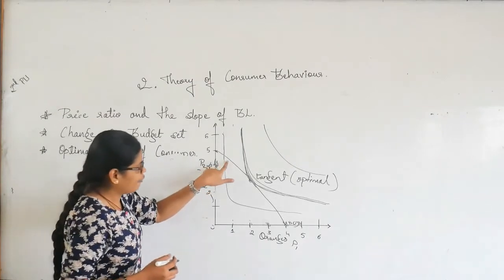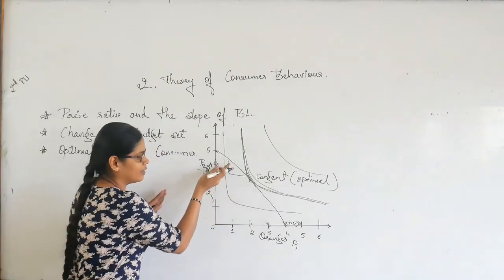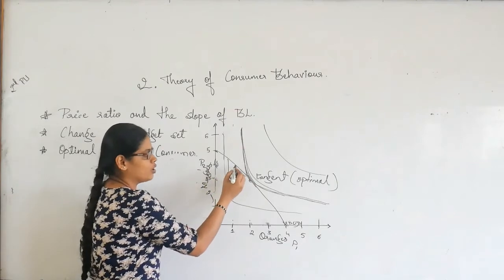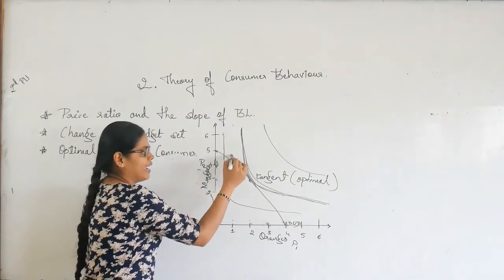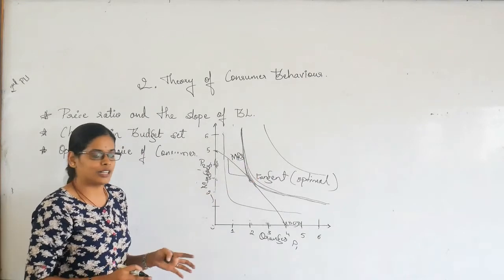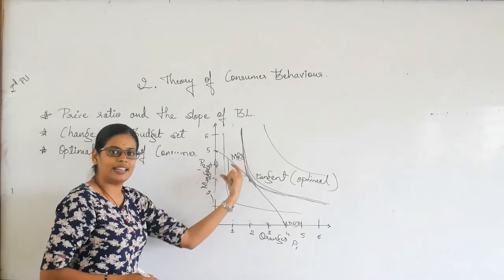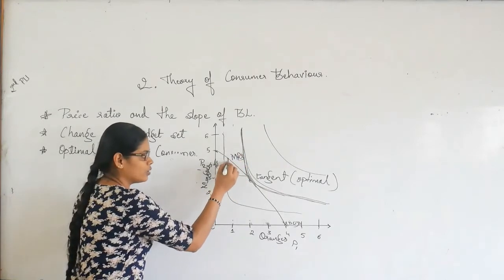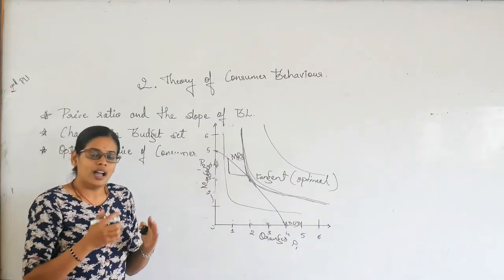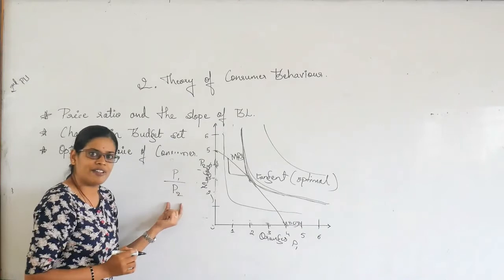So the slope of the indifference curve, where we have seen the sacrifice of mango to get one orange, is also the same as the MRS, marginal rate of substitution. The reason these are equal is because, see, in the slope of the budget line we are talking about P1 by P2, right? What is this P1 by P2?